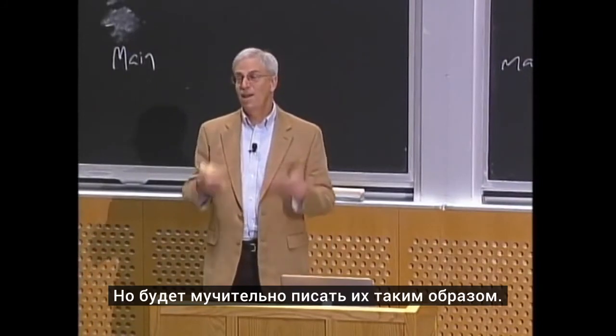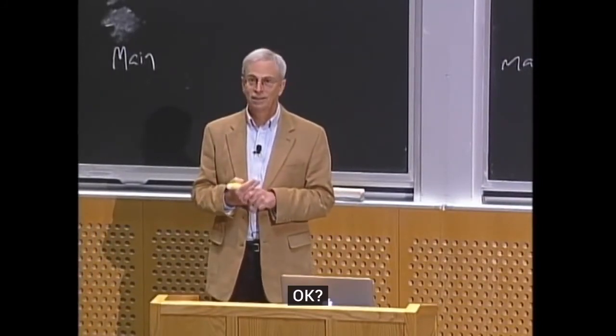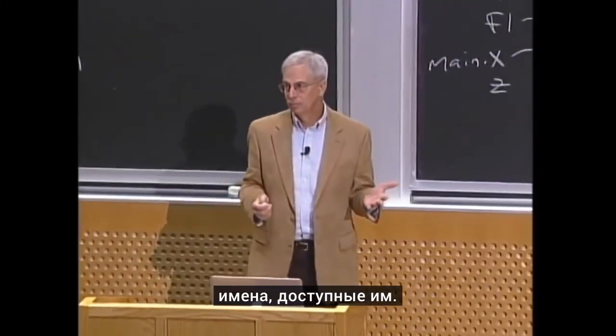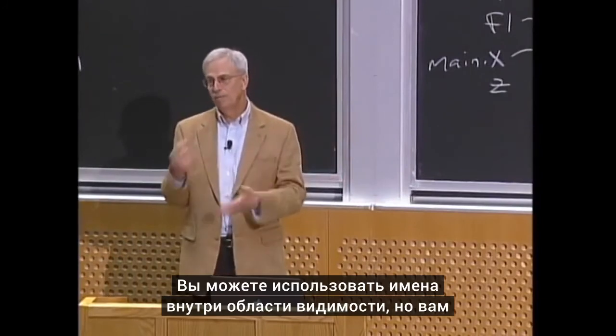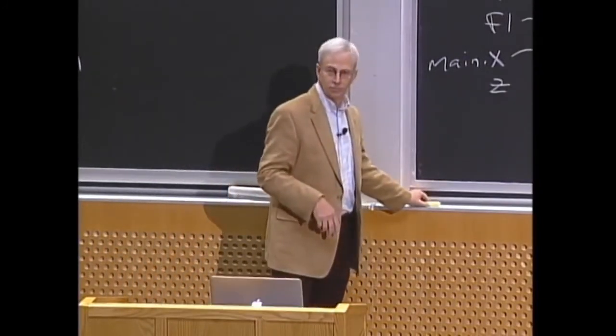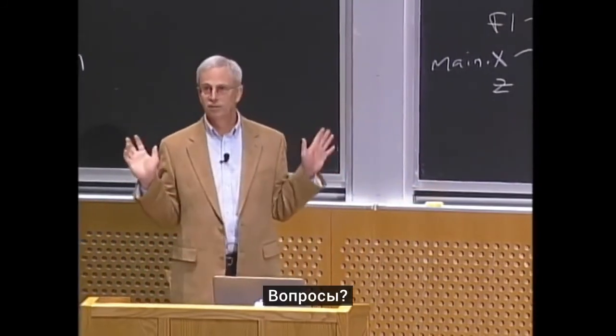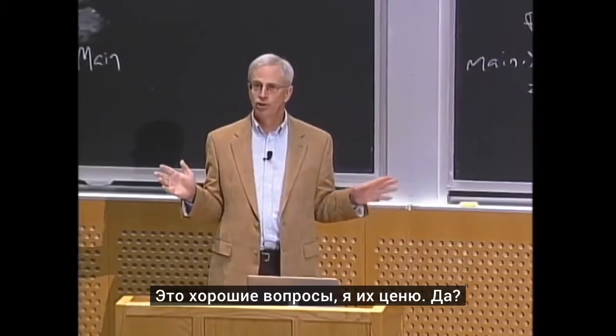But it would be kind of a pain to write them all that way. Okay? So different scopes have different names available to them. You can use the names in the scope, and you have to keep track of what they mean. Okay, any other questions? These are great questions, and I really do appreciate them.